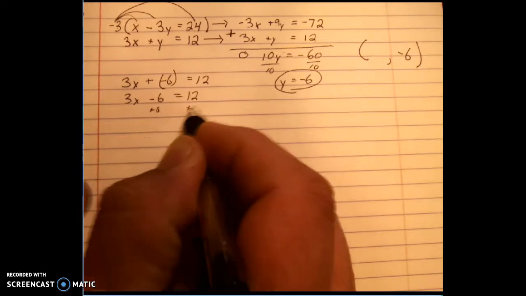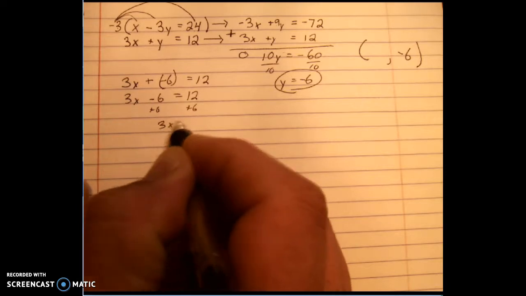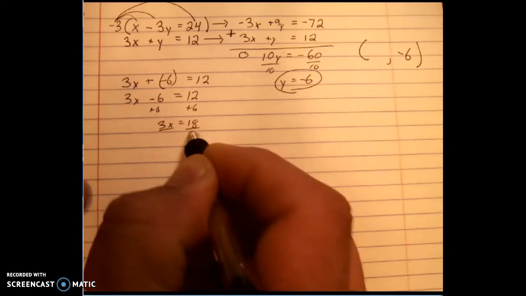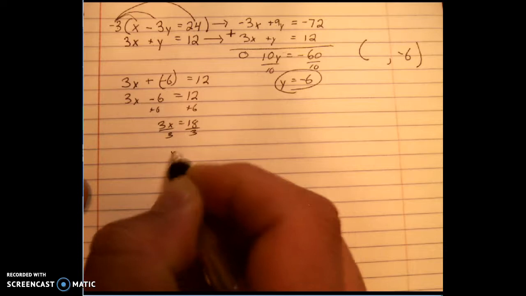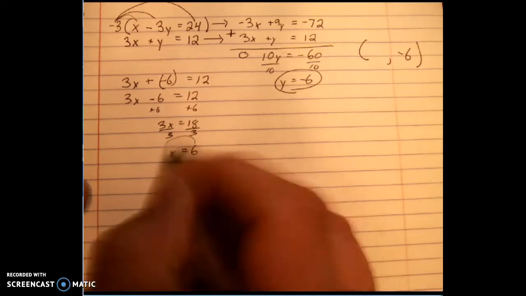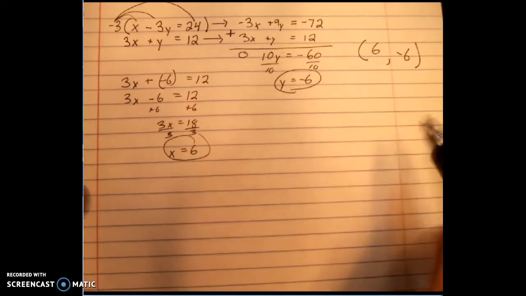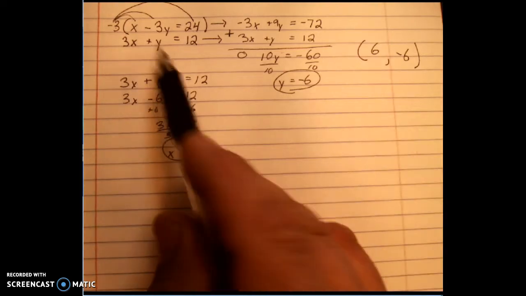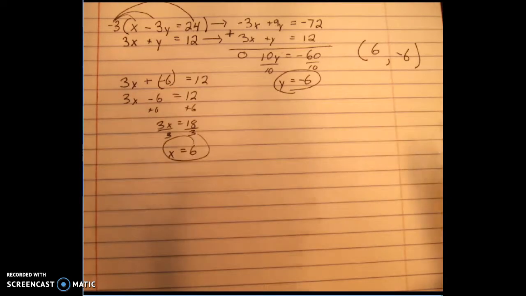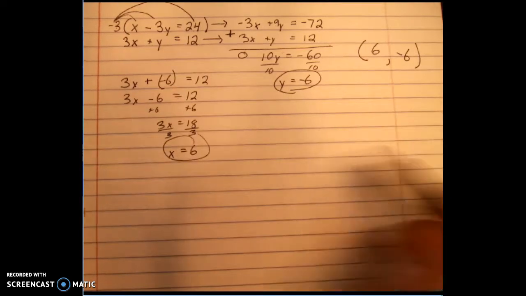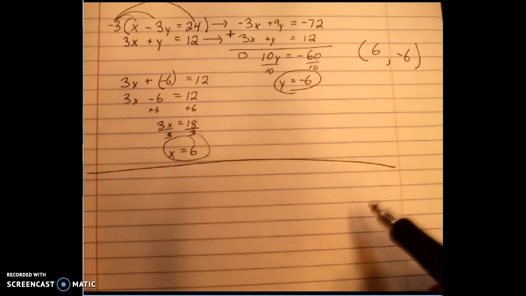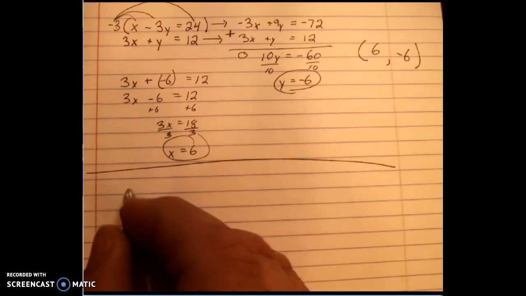Add 6 to both sides. 3x equals 18. Divide by 3. x equals 6. Plug it back in to the two original equations to make sure it's correct. We are good. Here's one for you to try.